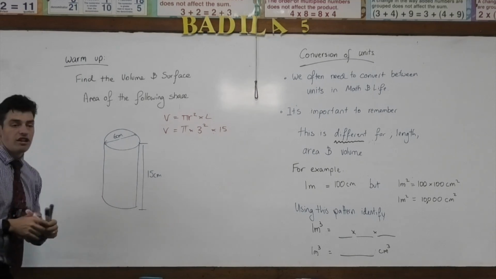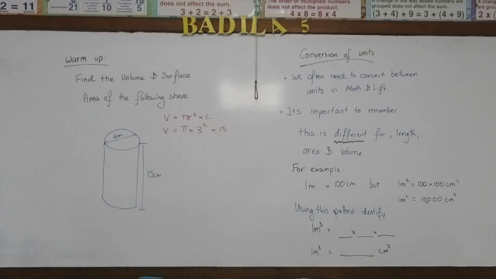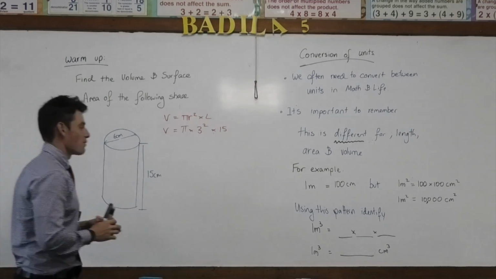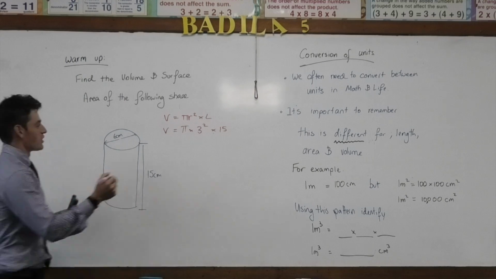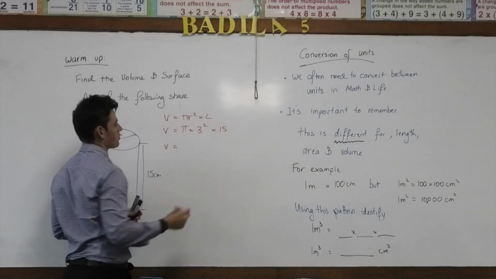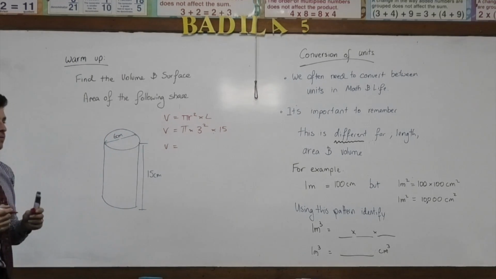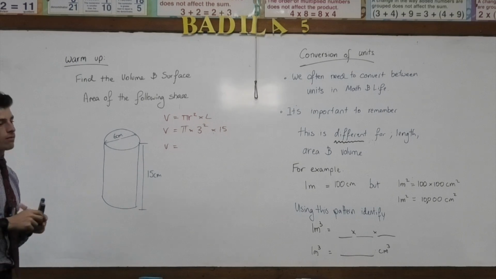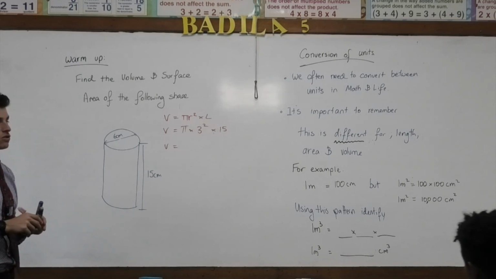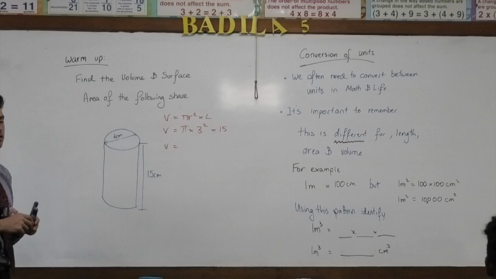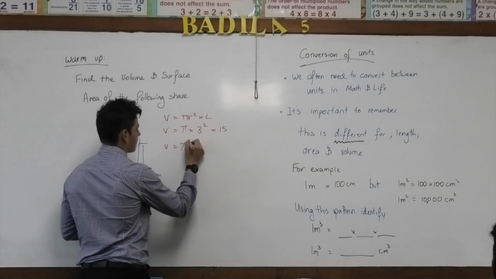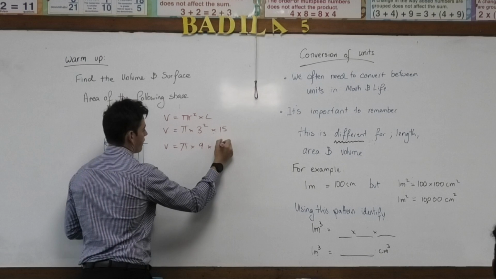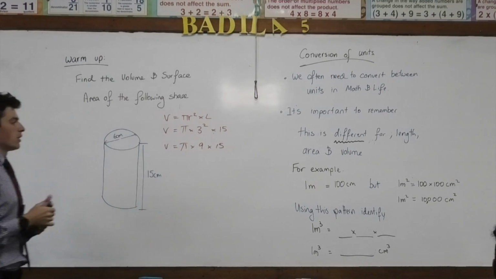If my units weren't the same, what would I have to do first? Convert them. Very good. Yes, convert them into the same unit. So we've got volume equals pi times 3 squared times 15. What do I do first? Squared first, because of BODMAS, so we get pi times 9 times 15.